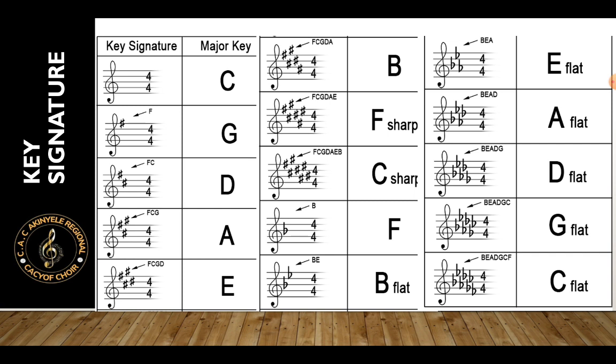And ditto for key B major. The last space affected is space A, and if you move upward, you have the third line, which is B, and that reminds you that it is built on key B major. Ditto for the next one that has six sharps. The last one there is space E, and if you move upward, you have F, which is the first line.